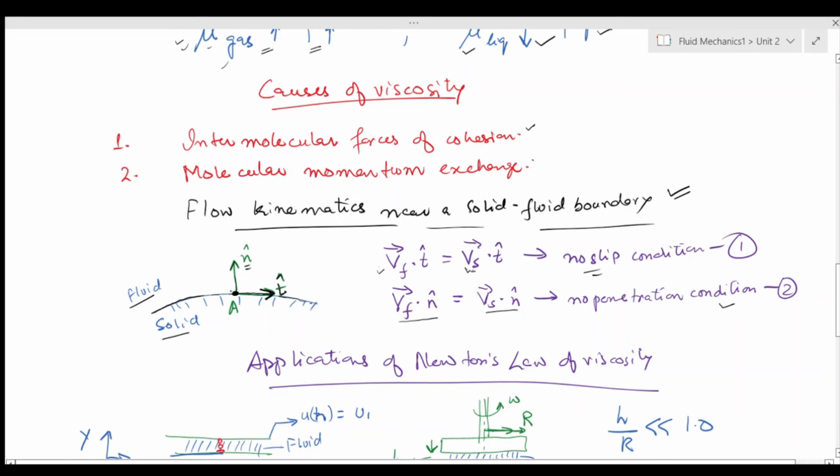So at point A, the velocity of fluid perpendicular to the surface would be the same as the velocity of the solid perpendicular to the surface, and this is known as the no penetration condition. So these are the two kinematic boundary conditions which are considered at a solid fluid interface. Definitely if there are pores or holes, then the second condition would not hold exactly like that, and there would be slight changes to it.